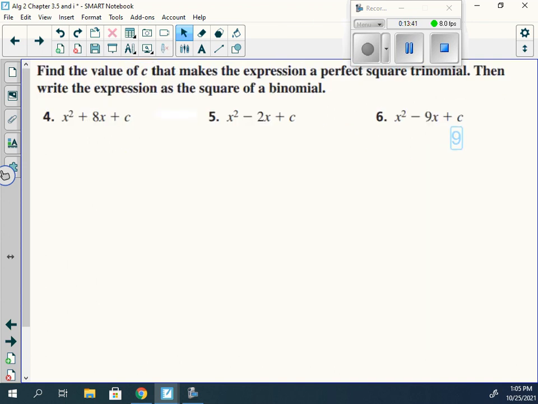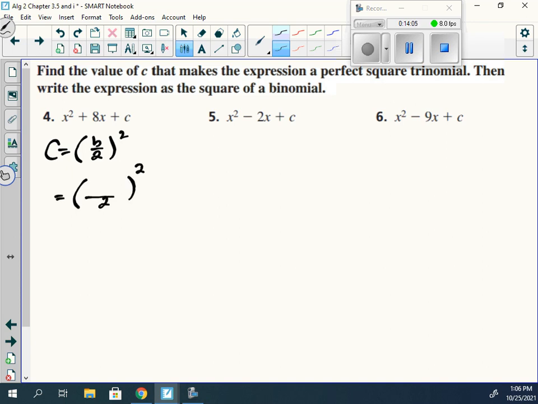Okay. So let's look at this next one. We just want to find the value of c and rewrite it as an expression of a binomial squared. So we look at this here, c is equal to b over 2 squared.